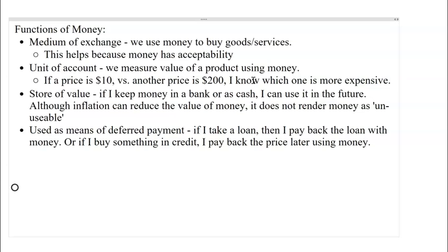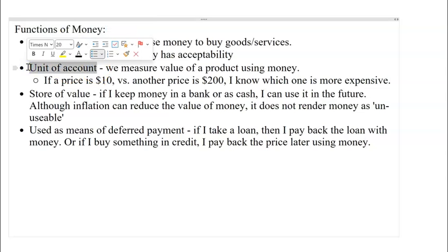So this helps us understand what can be used as money. US dollars are used because in the US they are accepted as a medium of exchange. When I go to the store, people accept it as money. The shelves have prices quoted in US dollars, which helps me understand the value of the product.